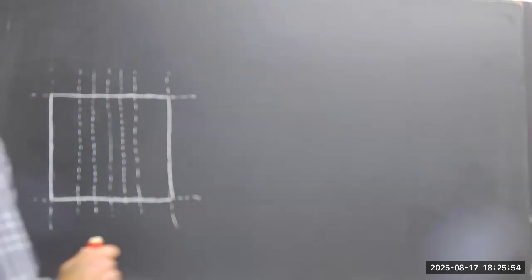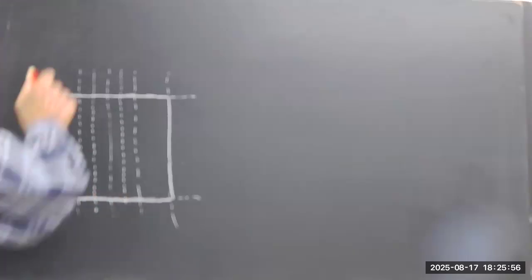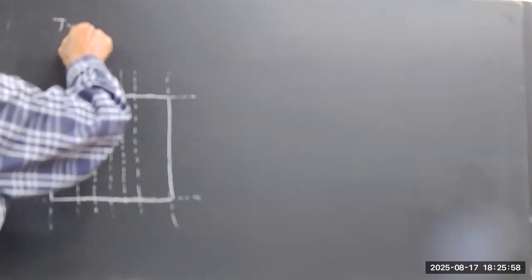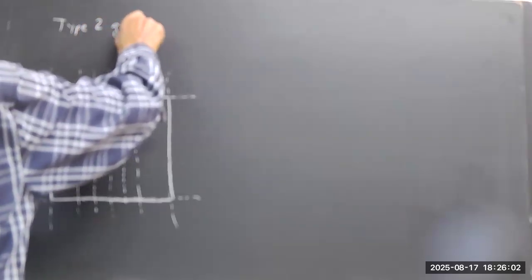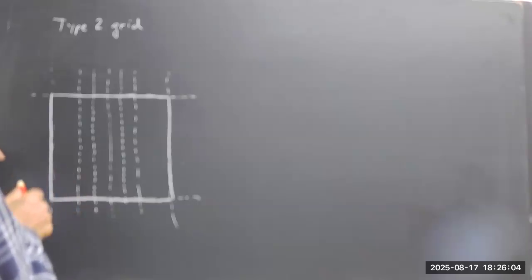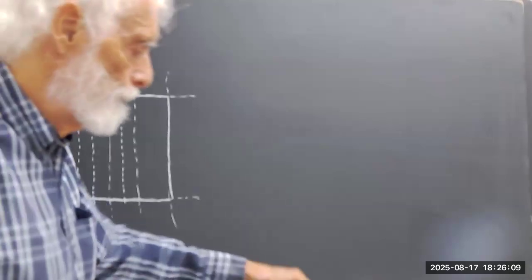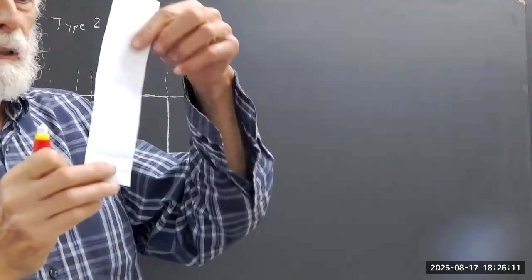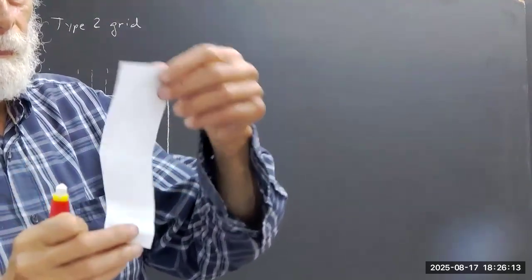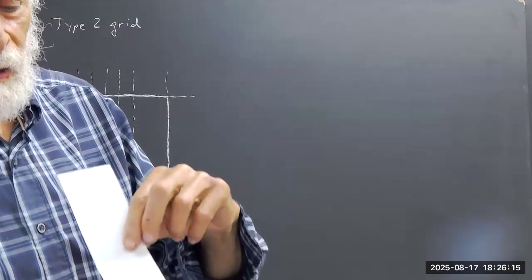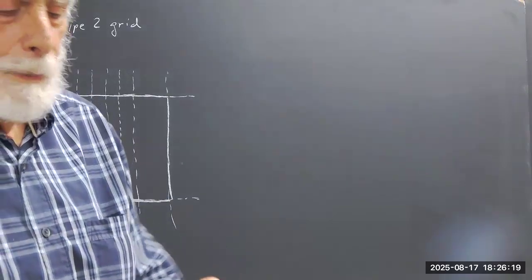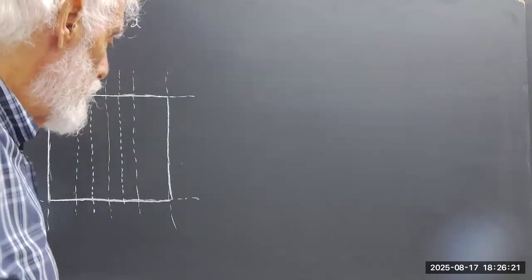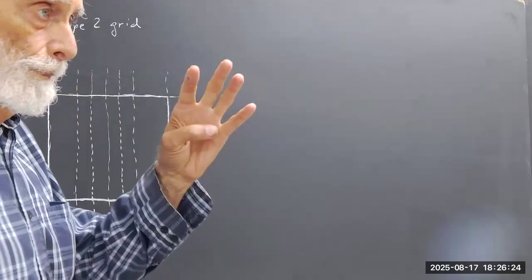Okay. So now type 2 graph, or type 2 grid. Remember I said before, when we did the top to bottom, and then halfway from that to the bottom, and halfway from that to the bottom, and so forth, we did 4 of those.